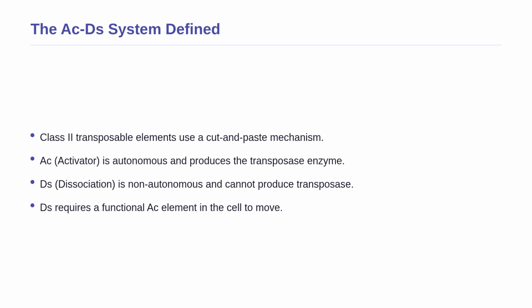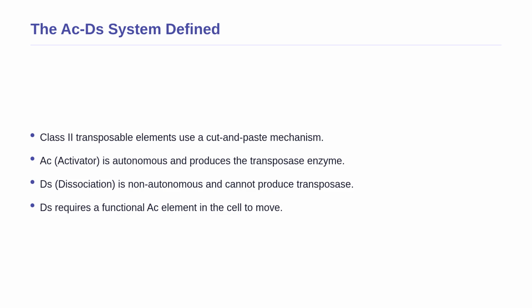Now that we understand what jumping genes are, let us look at how the specific AC/DS system works. This system is a classic example of class 2 transposable elements, which physically cut themselves out of one location and insert themselves into another. The system has two main players. First is the activator, or AC element.